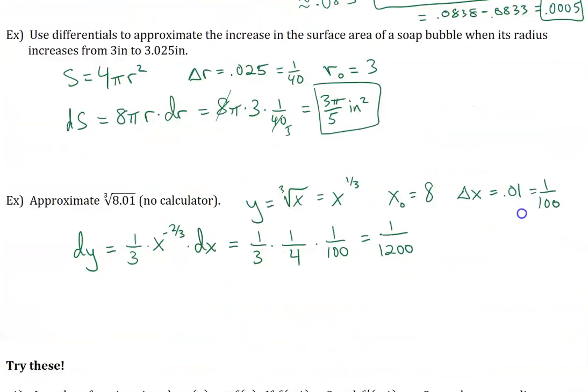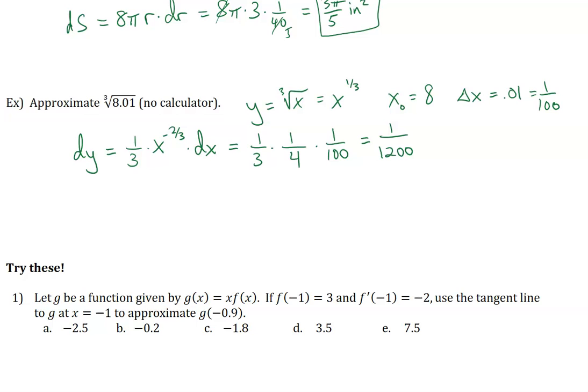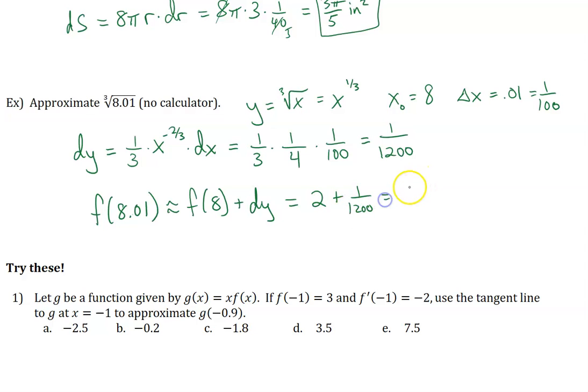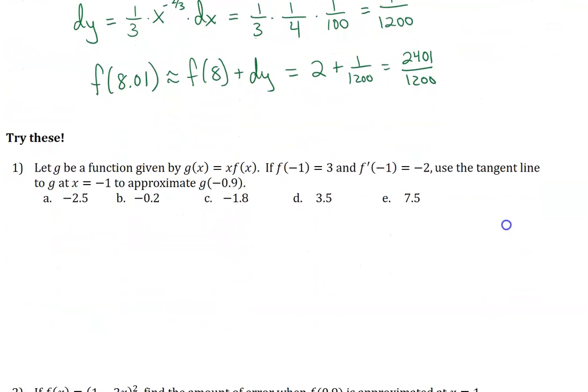Okay, so for this one, f of 8.01 is approximately equal to f of 8 plus dy that we just found, okay? Or in this case, 2 plus 1 over 1200, which is 2401 over 1200. Okay. You try the last couple.